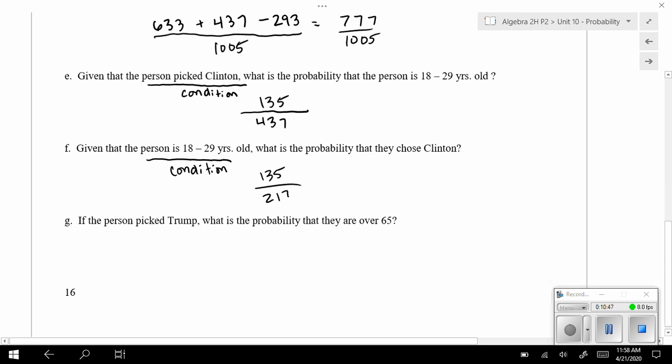If the person picked Trump, what is the probability that they are over 65? So this time it doesn't say given, but it's kind of saying, all right, if the person picked Trump, that's our condition. All right, we're limiting ourselves to that category.